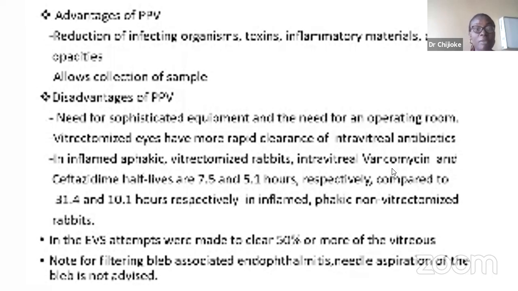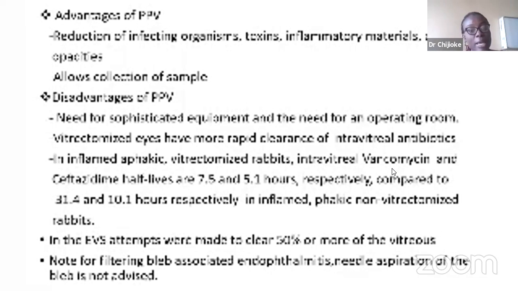Vitrectomized eyes have a more rapid clearance of intravitreal antibiotics. A study done shows that in inflamed aphakic vitrectomized rabbits, intravitreal vancomycin and ceftazidime half-lives are 7.5 and 5.1 hours respectively, compared to 31.4 and 10.1 hours respectively in inflamed phakic non-vitrectomized rabbits.